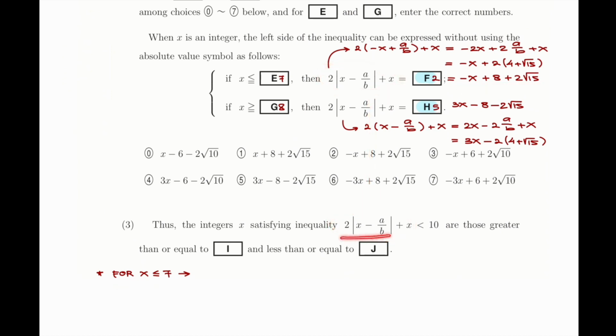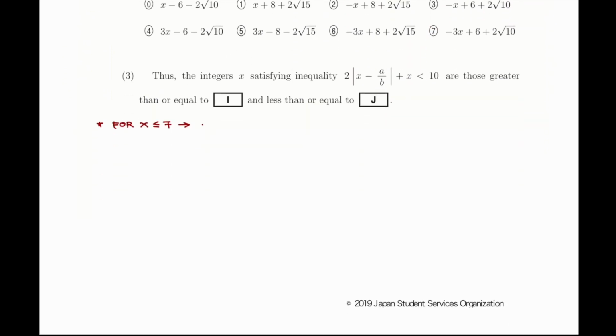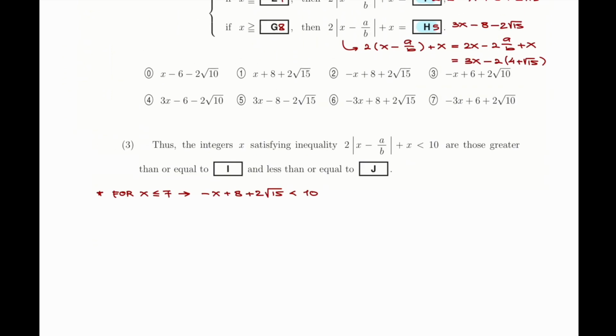So this left hand side expression can be substituted by using negative x plus 8 plus 2 square root of 15. So for the first case, I got negative x plus 8 plus 2 square root of 15 less than 10. Of course, we can find the solution of this inequality.